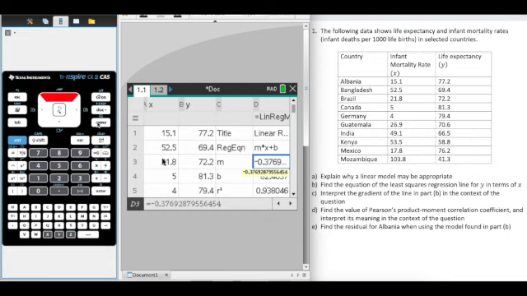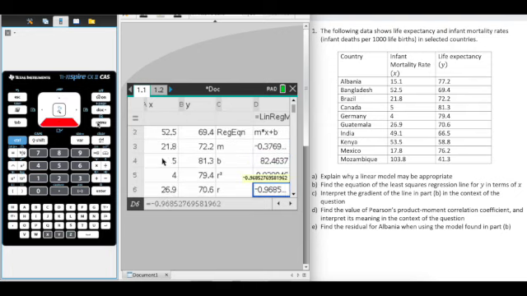Part D asks us to find the value of Pearson's product moment correlation coefficient. This is the R value, so it's negative 0.969. The GDC has also given us R squared, which is called the coefficient of determination, but we only use this for nonlinear regression, for example, exponential, quadratic, power, etc. For linear regression, we use the R value, which is the correlation coefficient.